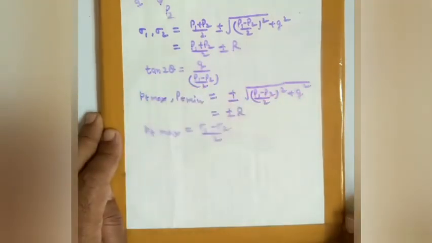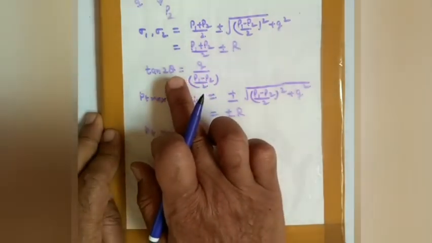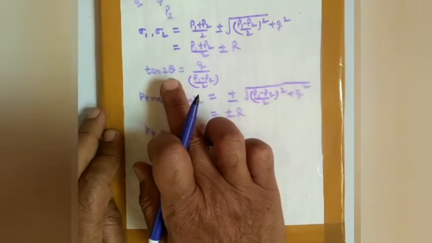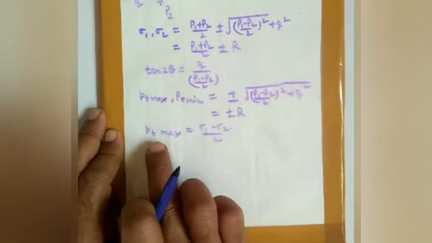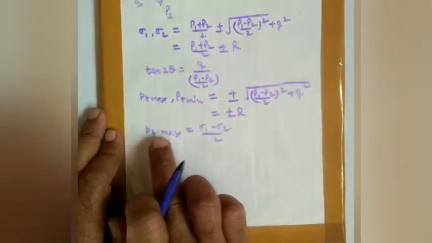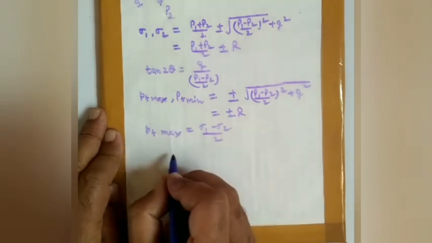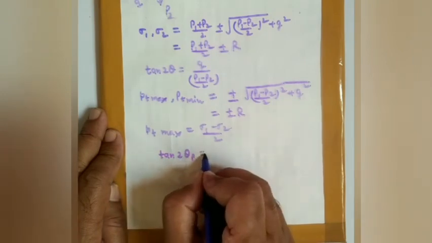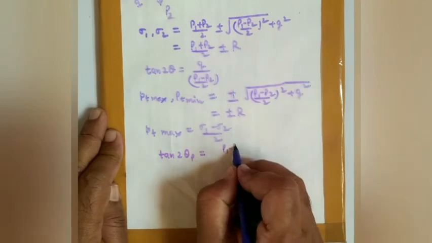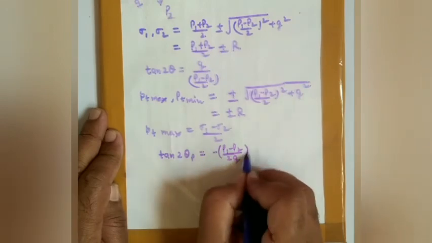We have the orientation of the principal stress theta such that tan 2 theta is equal to q by ((p1 minus p2) by 2), and the orientation of maximum shear stress pt max is such that tan 2 theta p is equal to negative of (p1 minus p2) by 2q.